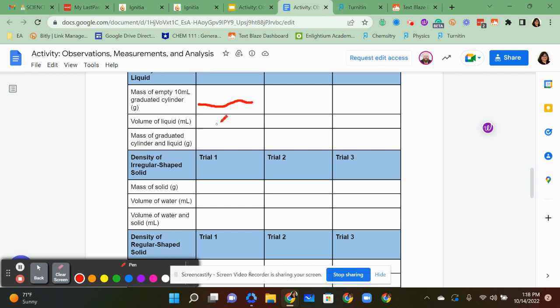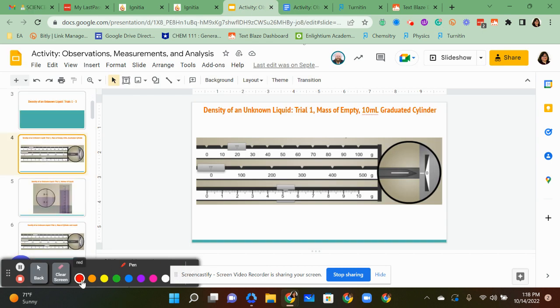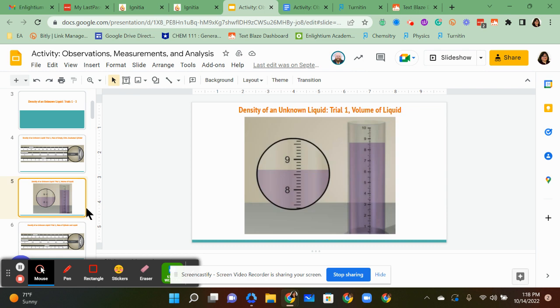Okay. Now we're going to read the volume of the liquid. Let's take a look at the graduated cylinder. You have a graduated cylinder that is divided in tenths of a milliliter. In other words, it goes 8, 8.1, 8.2, 8.3, and so on. So the precision of that graduated cylinder is to the 10th place value, so you need to estimate the 100th place value.